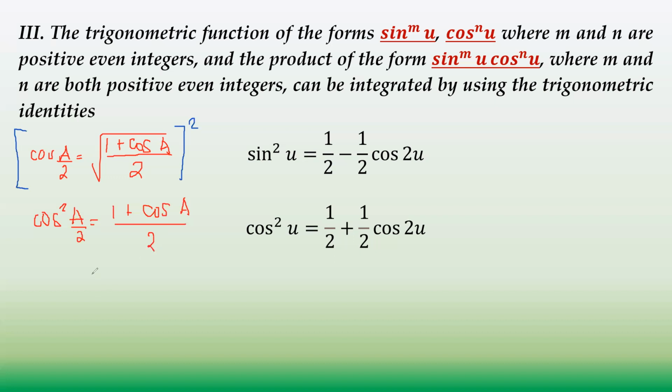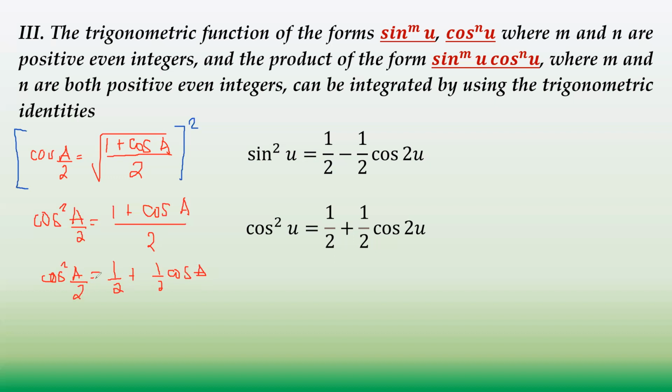Or paghihiwalayin mo, 1 half plus 1 half of cosine A is equal to cosine squared of A over 2. Ano siya derive, yung formula na yan.